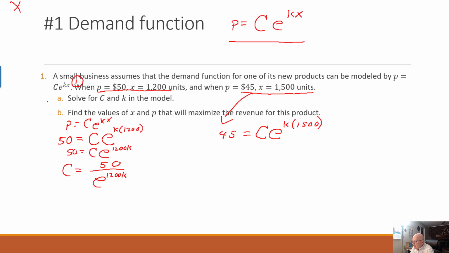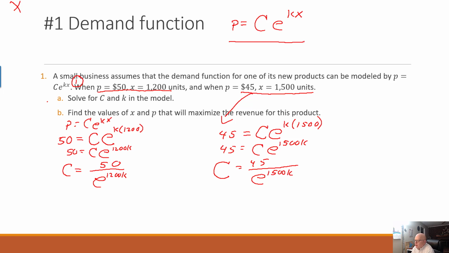We'll rewrite that as 45 equals C e^(1,500k). As before, for the other one, we'll solve that for C, divide both sides by the e to the exponent, and we'll have C equals 45 over e^(1,500k).